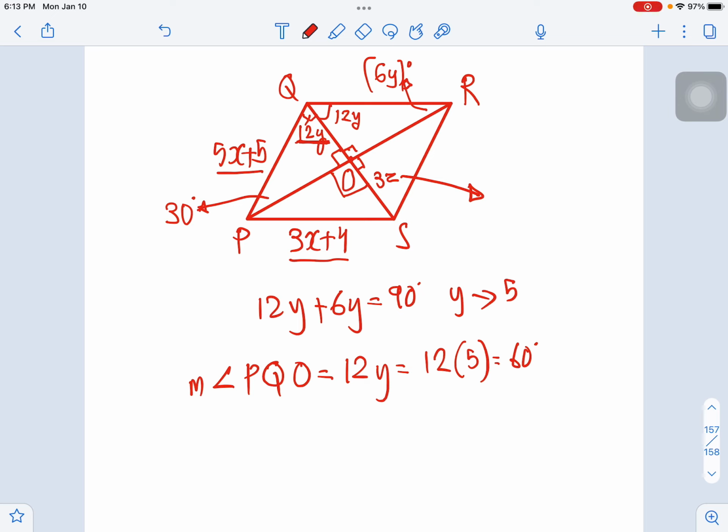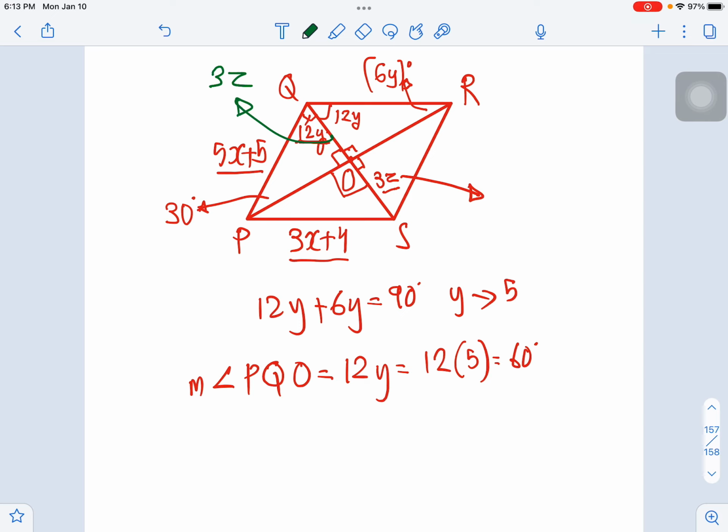So if one portion of the diagonal is 3z, the portion QO also becomes 3z, right? So keep that in mind. Length of segment QO becomes 3z. Remember that we need to find the value for z.